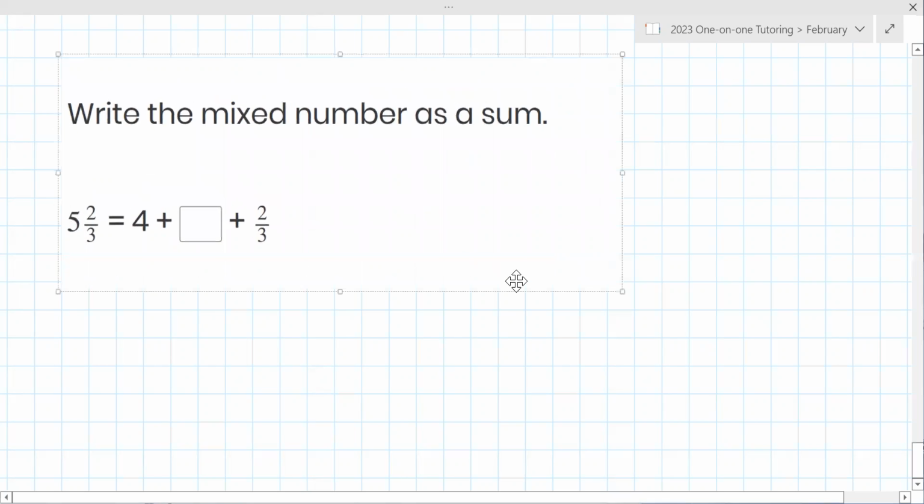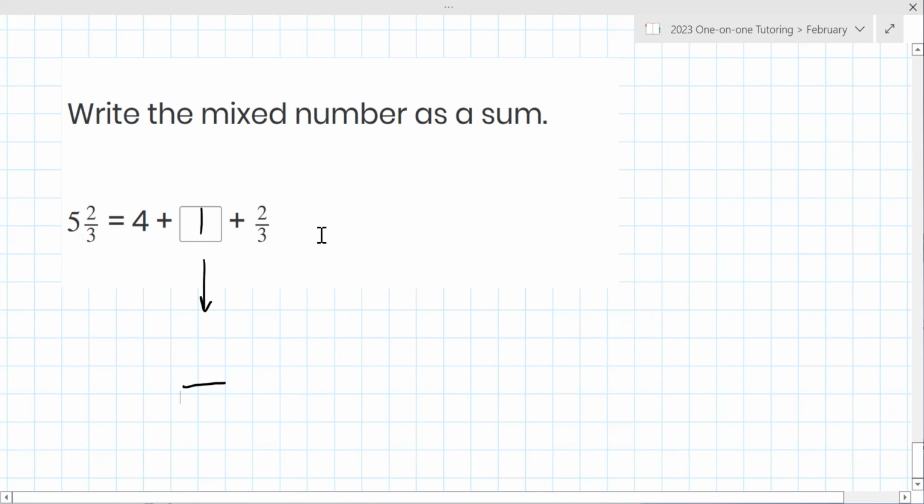All right, so here we go. If you're seeing my screen here, you'll see what I'm talking about. It says write the mixed number as a sum. Do you remember what we did on Saturday? What did we do here? What number went in the box? 1. That's right, it was 1. And then we wrote it as a fraction. How did we decide what bottom to use? Which number went on the bottom?